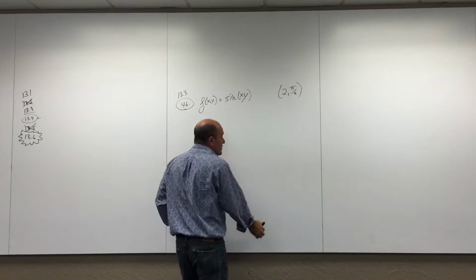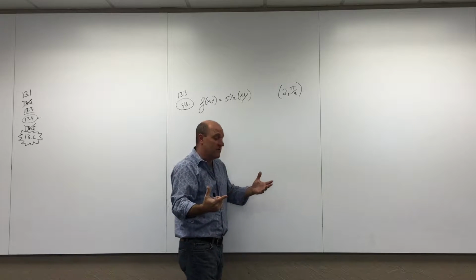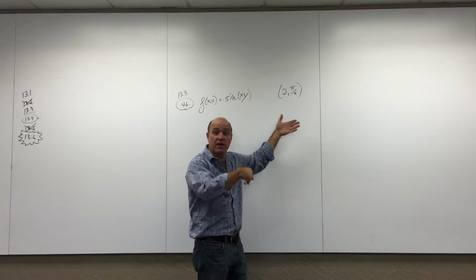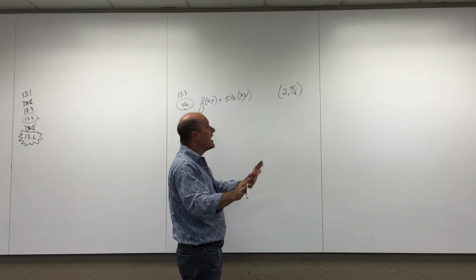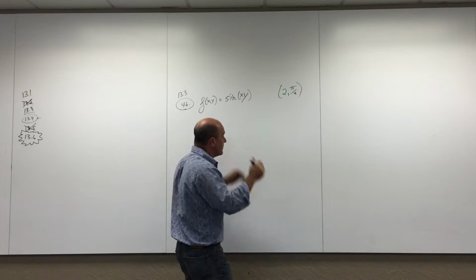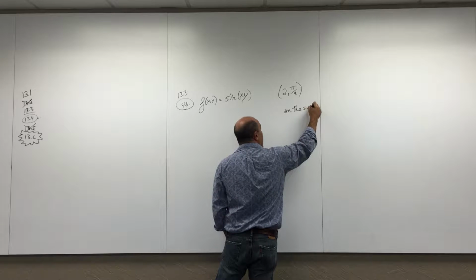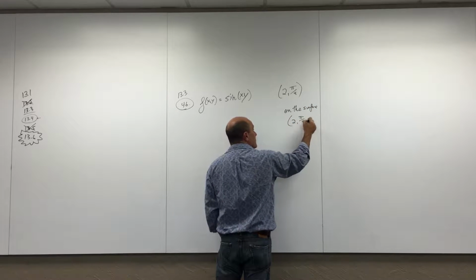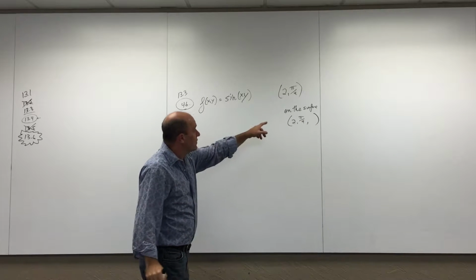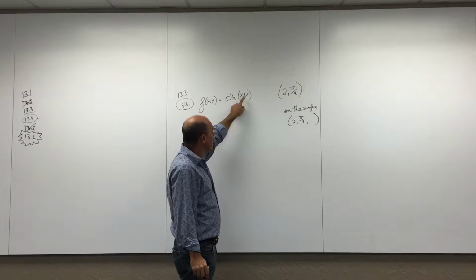Usually when they give me this point, they're giving me the point from the domain, which is the x and y value that you plug into the function. Apparently they don't think it's important to have the z value, and maybe it's not, but just for fun, this is a point on the surface, so let me fill it in. What is the z value? If you take the 2 and the pi over 4 and plug them in, you end up with the sine of 2 times pi over 4.